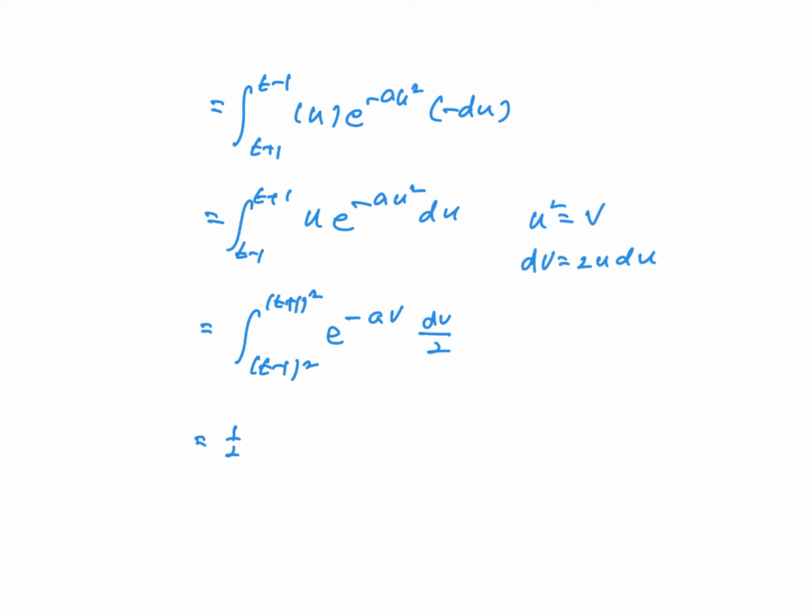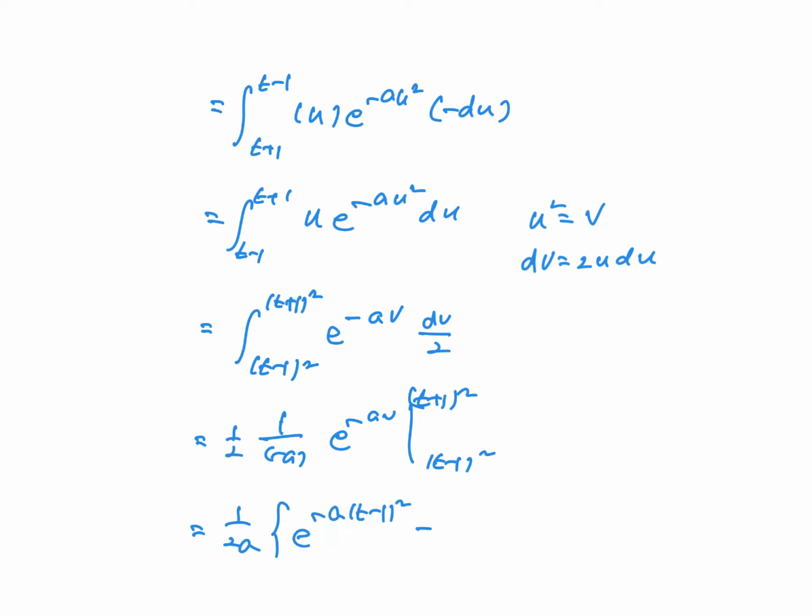So 1 over 2 times 1 over minus a exponential minus a v evaluated from (t - 1) squared to (t + 1) squared, which is 1 over 2a times exponential minus a (t - 1) squared minus exponential minus a (t + 1) squared. This is h(t).